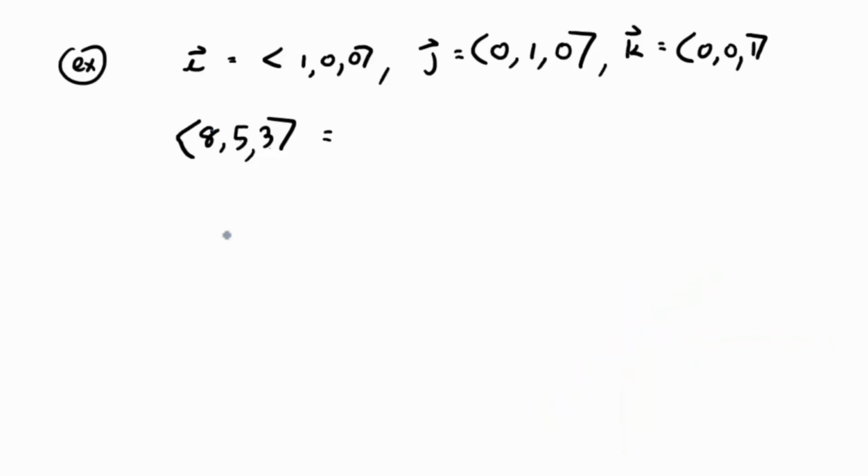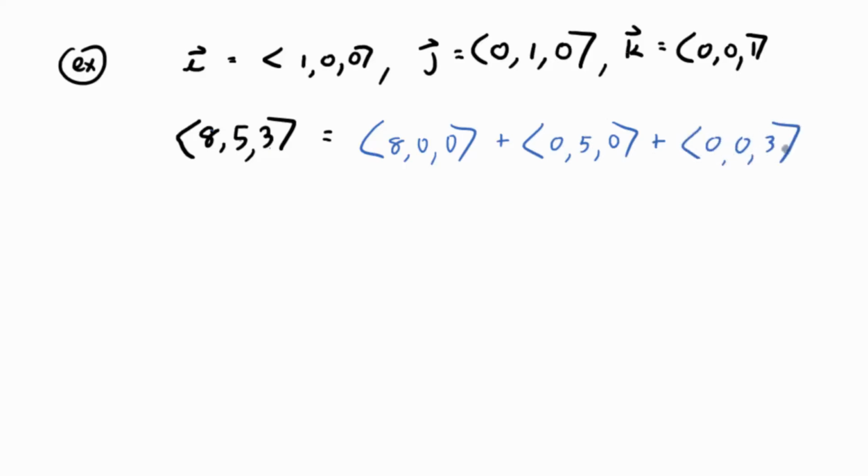And it really doesn't matter that I'm using 8, 5, and 3. I could use a, b, and c and do a very similar thing. You can write 8, 5, 3 as 8, 0, 0 plus 0, 5, 0 plus 0, 0, 3. I don't think there's anybody who'd argue against that unless you're tired and cranky.